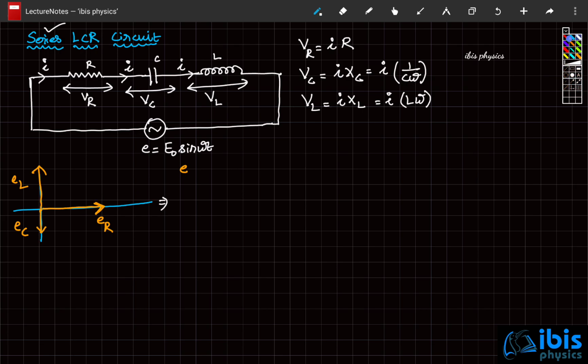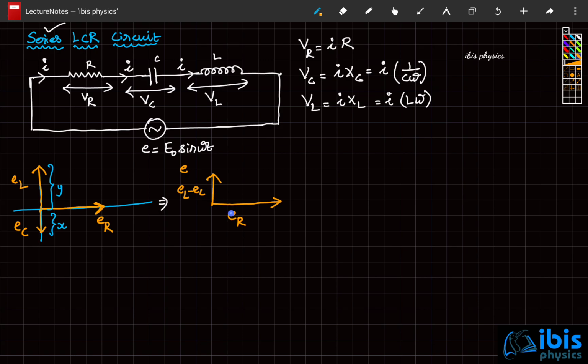this diagram as, since EL and EC are opposite to each other, suppose this is Y, this is X, means the net EMF will be equal to Y minus X. So this diagram can be written as, this one will be EL minus EC, and this one will be the applied EMF along the resistor, which is ER.